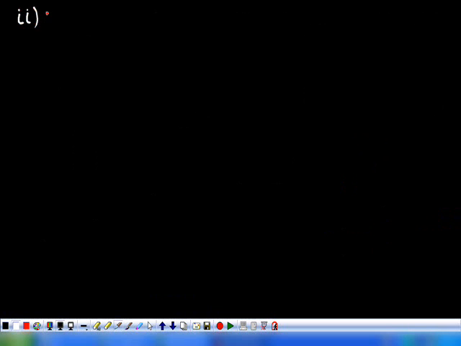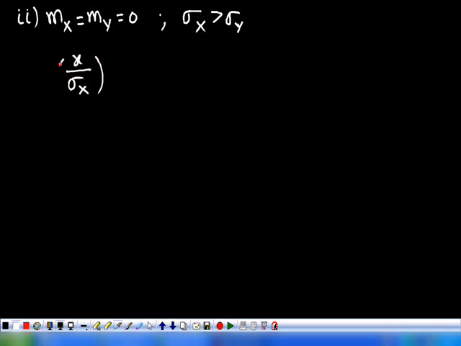Okay, now we let mx equivalent to my equivalent to 0 and sigma x is greater than sigma y. Then what is the equation? (x divided by sigma x) whole square plus (y upon sigma y) whole square is equivalent to c square.